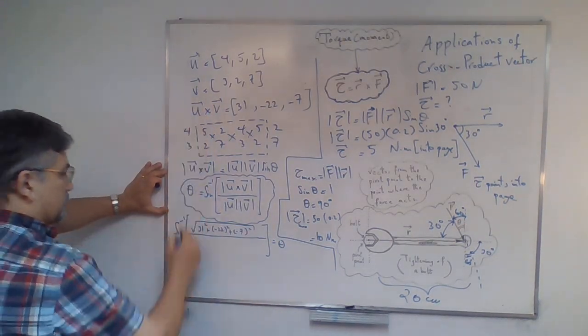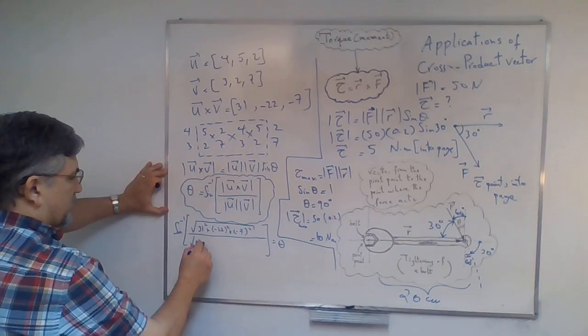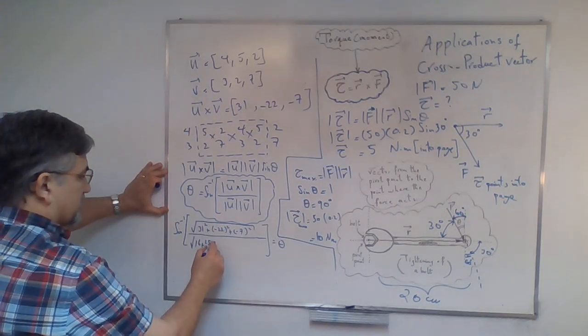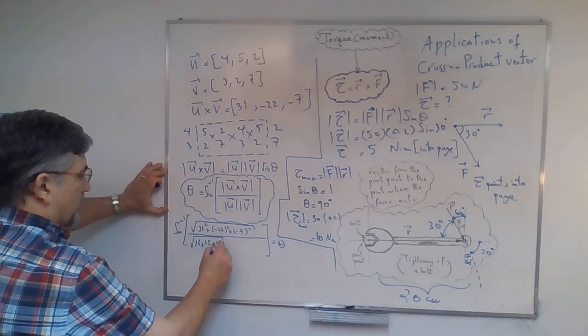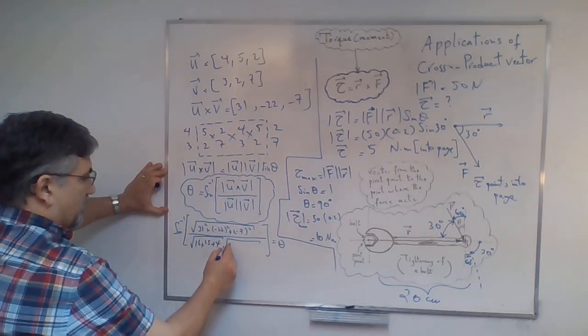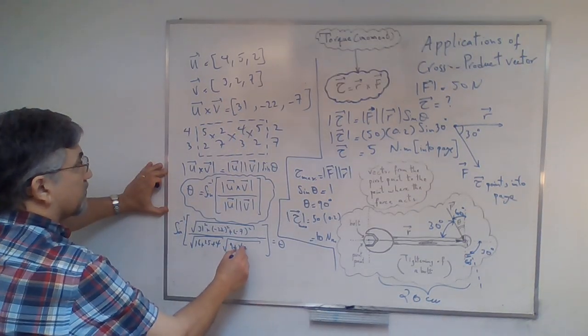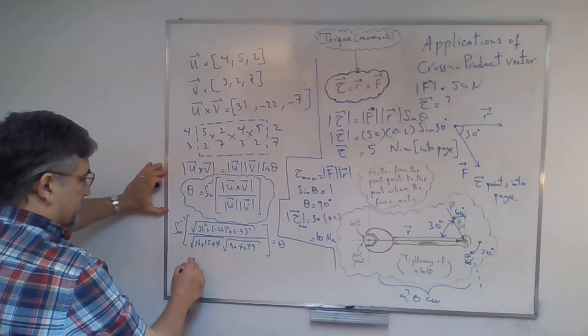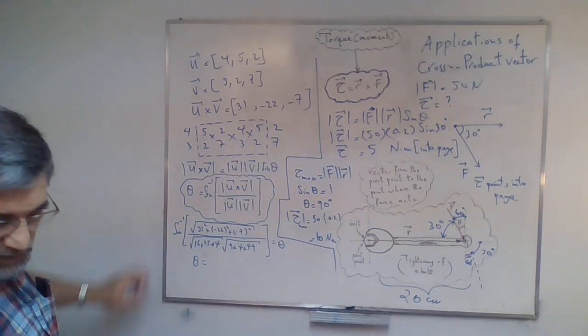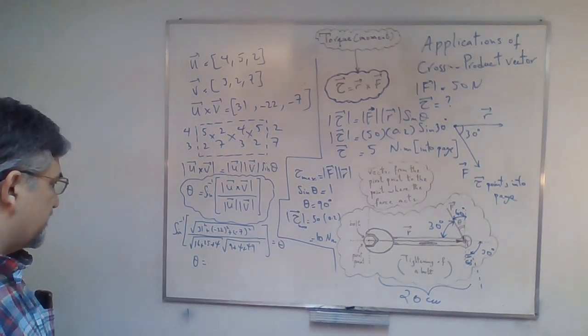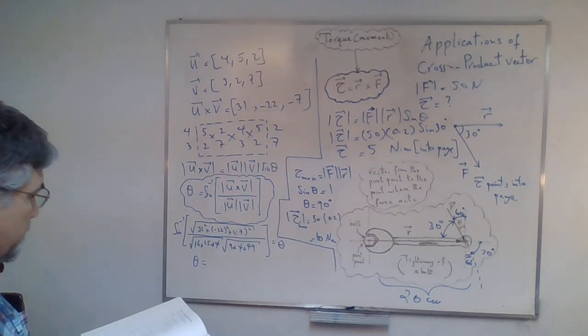So the magnitude of u would be 16 plus 25 plus 4, and the other one would be 9 plus 4 plus 49. So all we need is a calculator to figure this out.